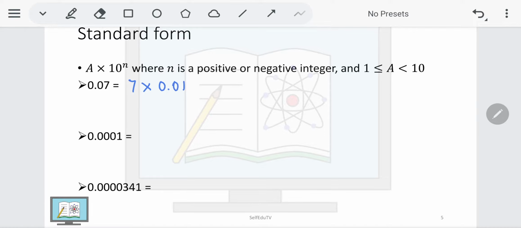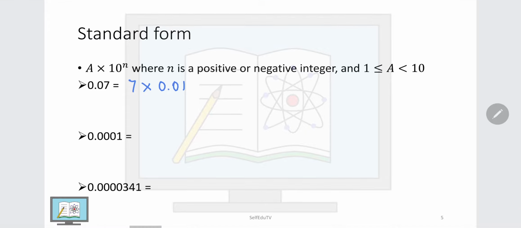So how do we change 0.01 into index form? Let us recall what was covered in indices. 0.1 means 1 over 10, so it is equal to 10 to the power of negative 1.